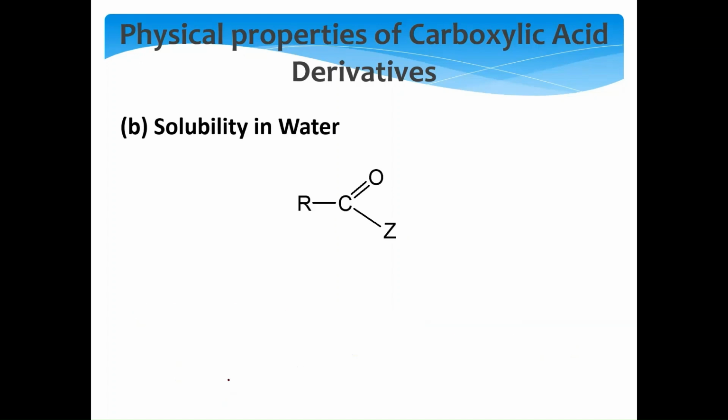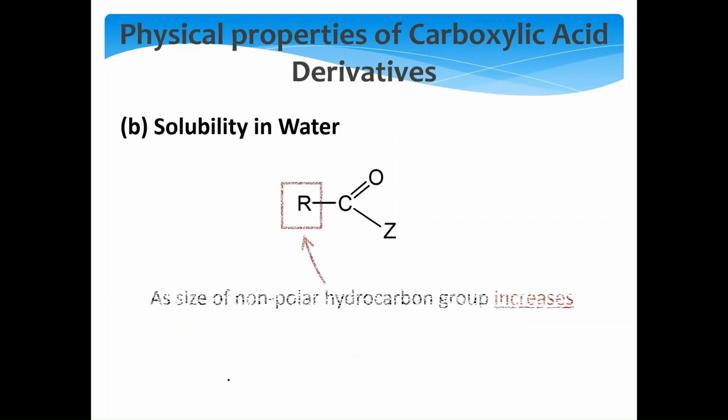The next physical property we'll talk about is solubility in water. Now take note that the R group, the hydrocarbon group, is not able to form favorable interaction with water molecules. So as the size of the nonpolar hydrocarbon group increases, the compound becomes less soluble in water.